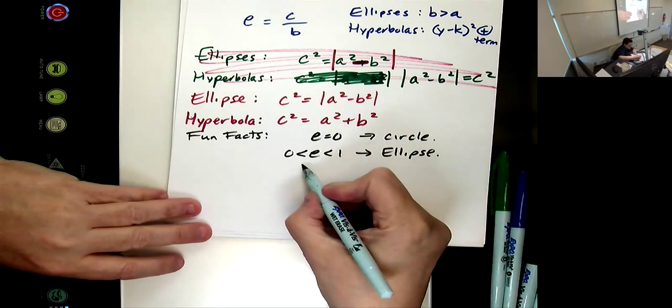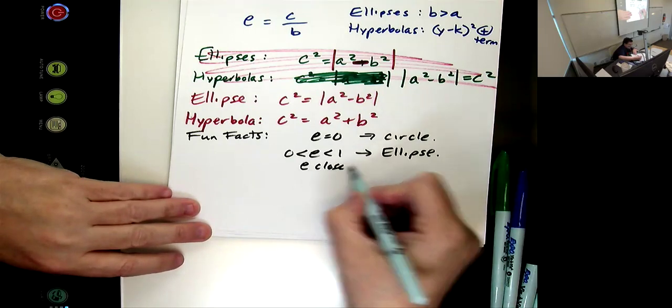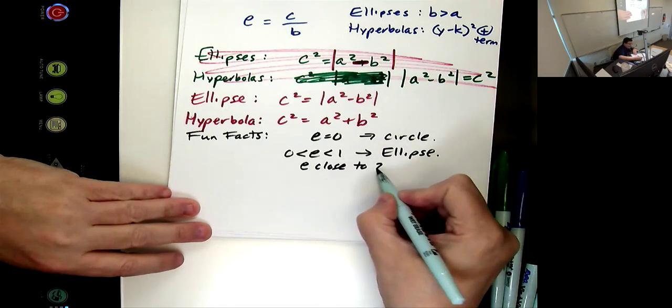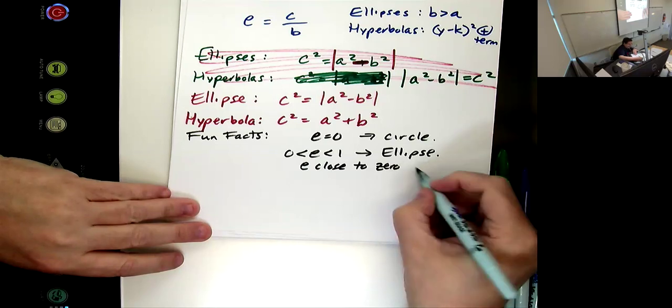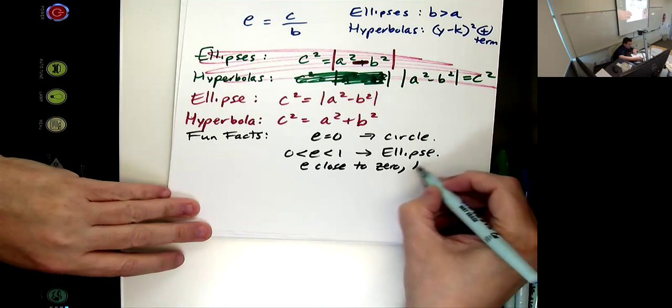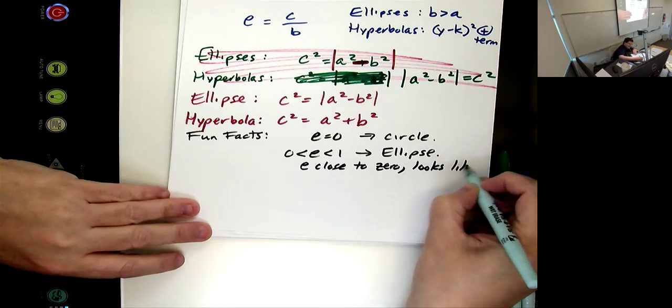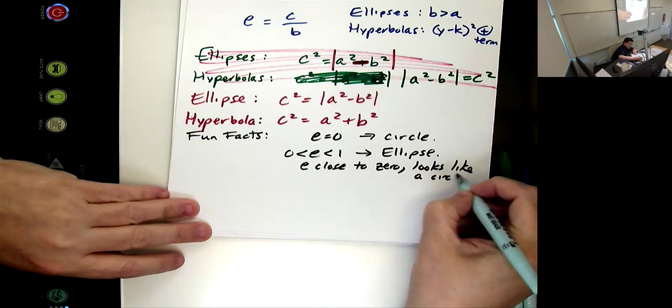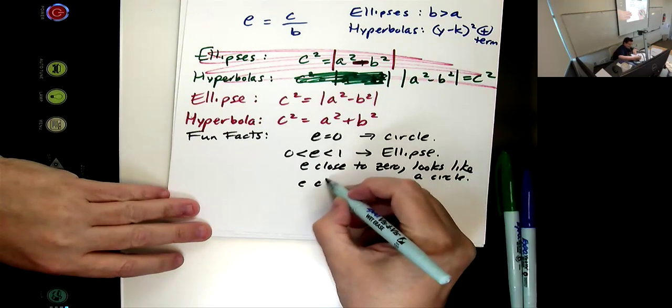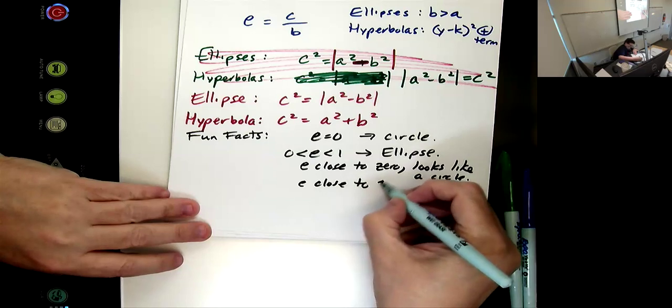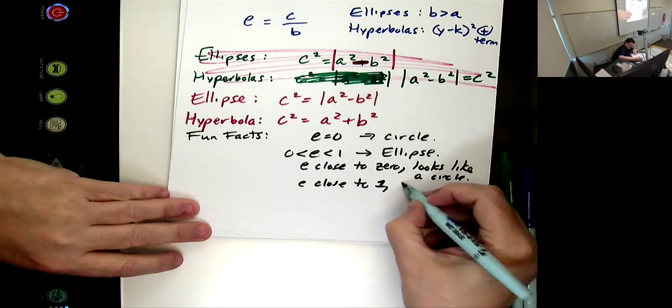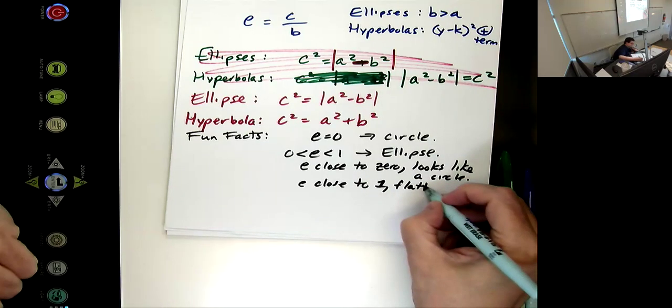So when E is close to 0, it looks circle-ish. And when E is close to 1, it's flatter.